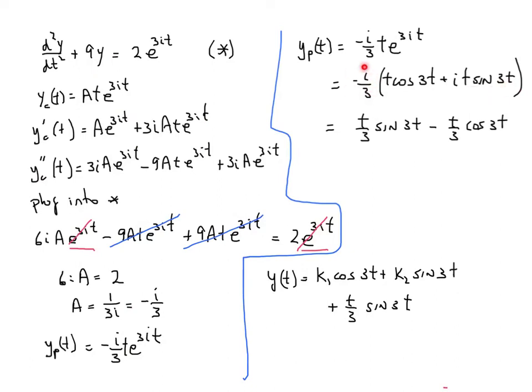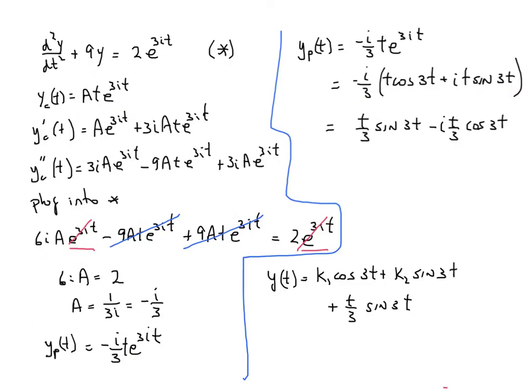Taking this imaginary number, multiplying it by this real part gives me the imaginary part. I forgot to write an i. Gives me t over 3 cosine 3t. But when I take this imaginary term, multiply it by this i, I get a real part. i times negative i is a positive 1, so I get t over 3 sine 3t.